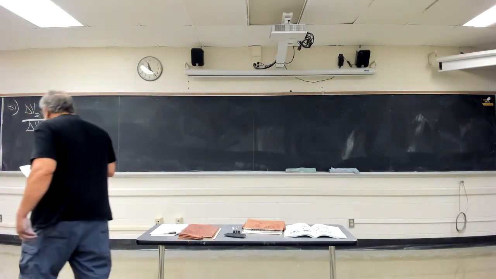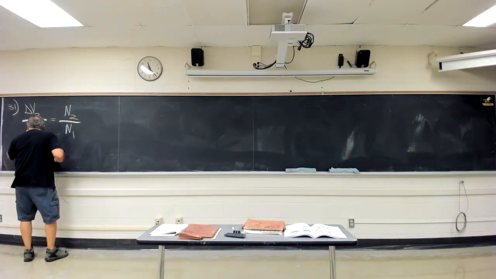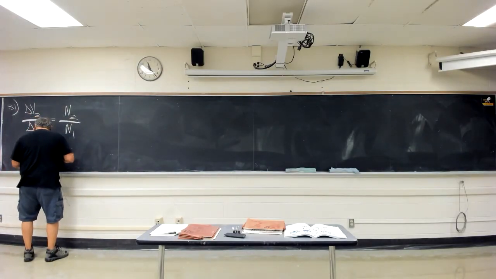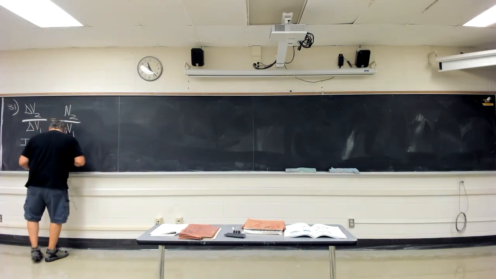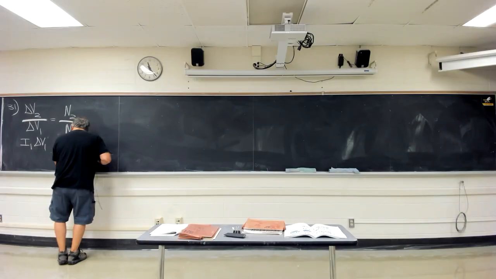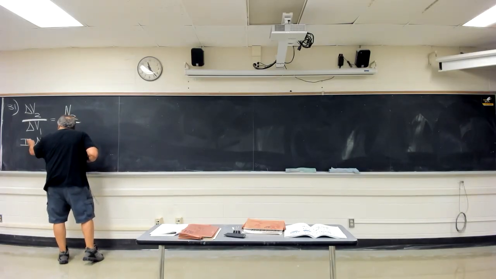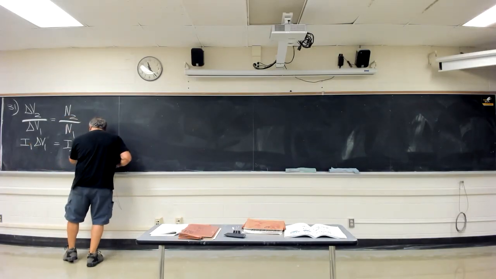If you multiply I times delta V, it should come out the same in either instance. So let me cut to the chase: I1 delta V1 equals I2 delta V2.